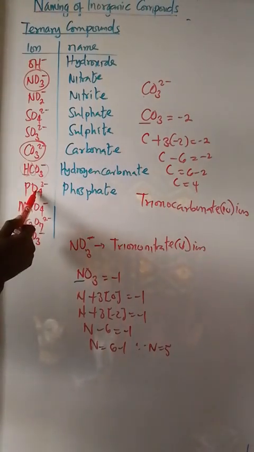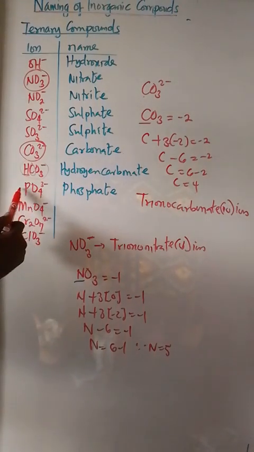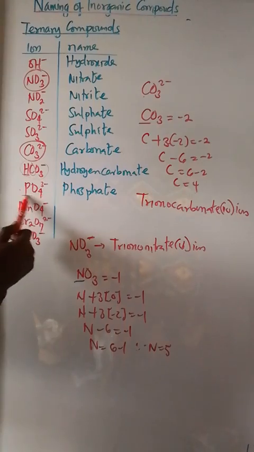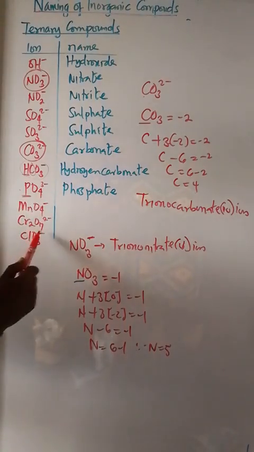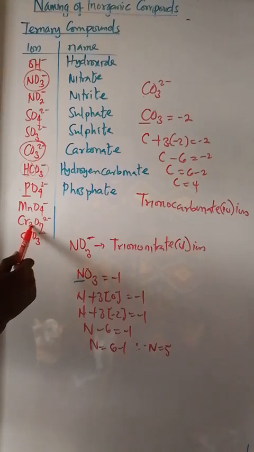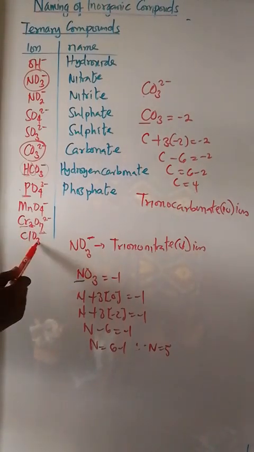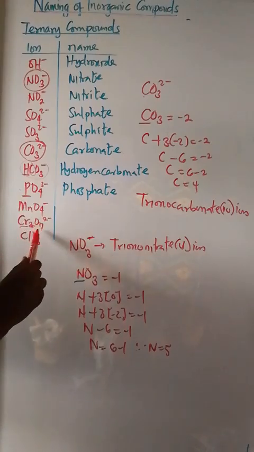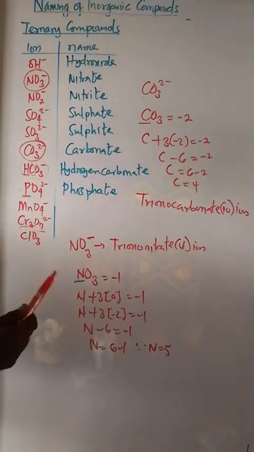This is tetraoxophosphate. Then you get the state of what? Phosphorus. This heptaoxodichromate, you get the state of what? Chromium. This minus here, trioxochlorate should be 5. Trioxochlorate 5 ion.